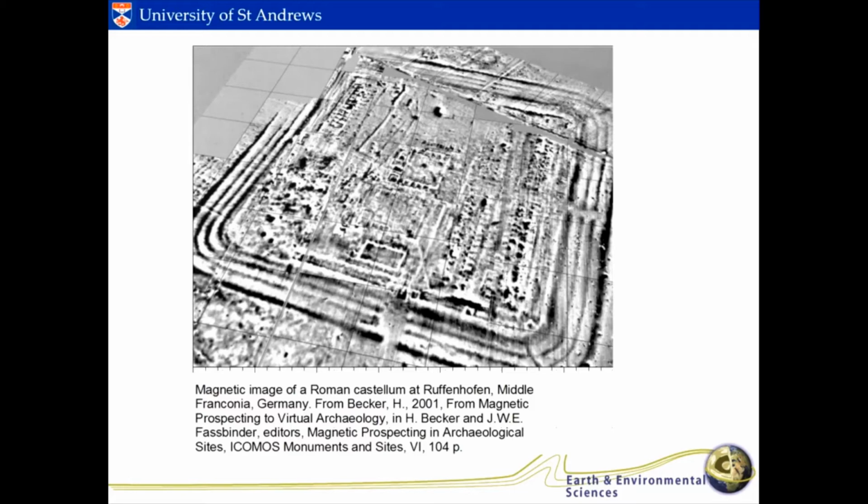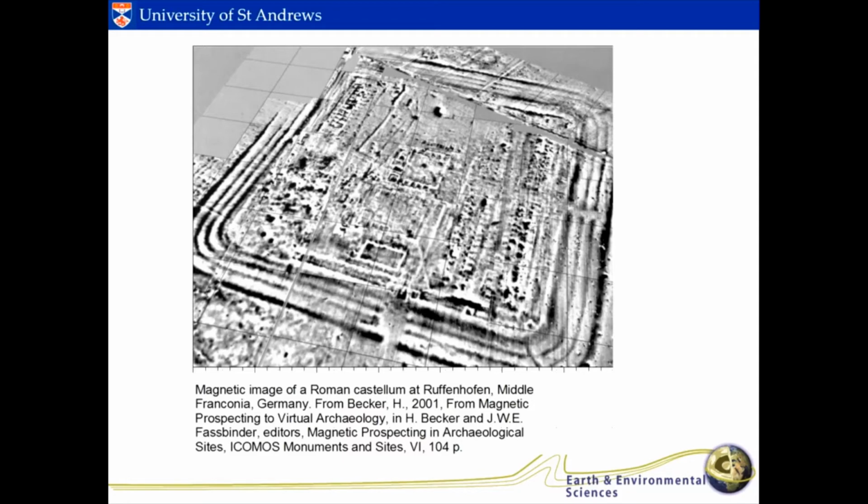The different parts of the fort, the building foundations, and of course the outer ditch construction and walls that would have been around the fort stand out very clearly, because there is a contrast between the natural soils in here and the material all around that.